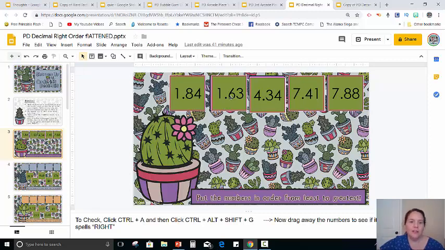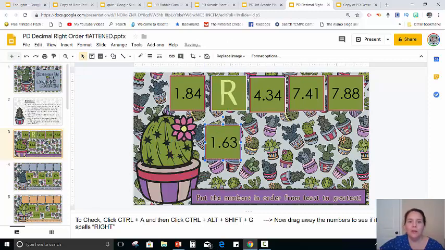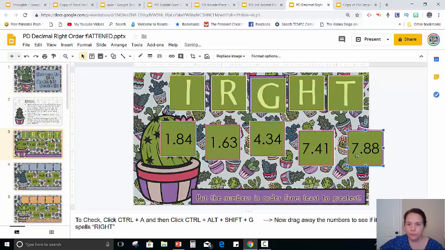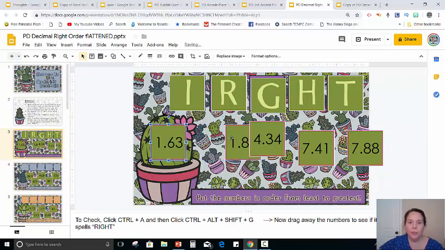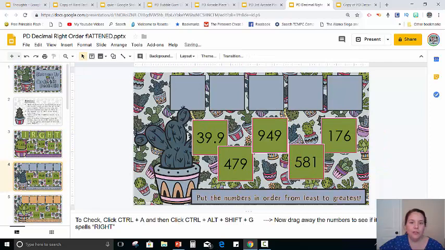Also, it is interactive, so the students get to move, and if they change their mind, so for example, if they are putting them in order and they change their mind, they can move it around just like that. I'm going to do a different example because that one was already finished.